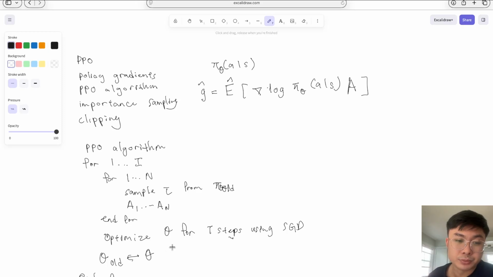However, here we see that the trajectories which were sampled from the original policy no longer match the current policy when we're doing stochastic gradient descent over multiple epochs.